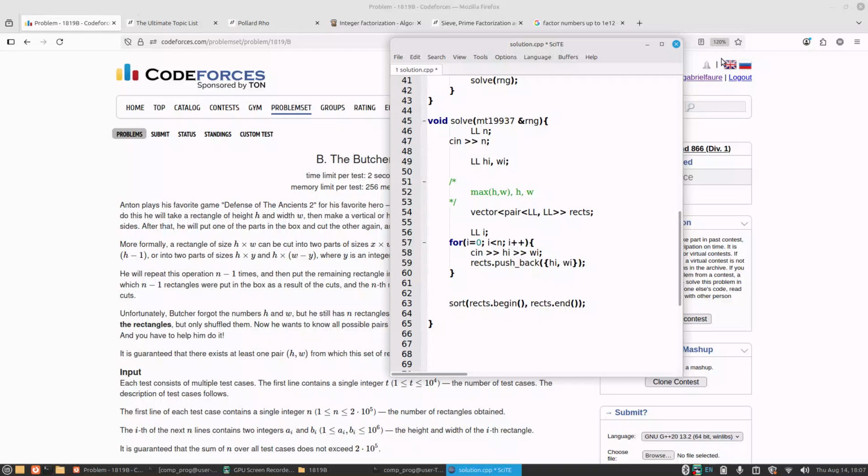Or we can just group all the heights together. Group all the things that are the same together.